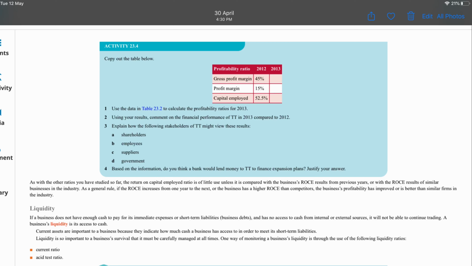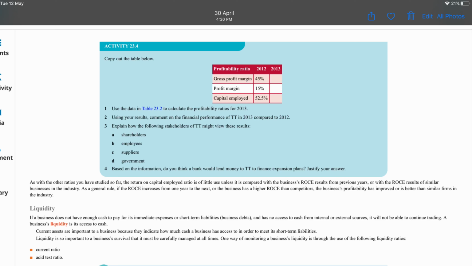This suggests that TT is using capital efficiently and is more likely to use any new capital efficiently. The bank will want to see how TT thinks the plan will affect future profit, because before lending money they have to see the future profits.